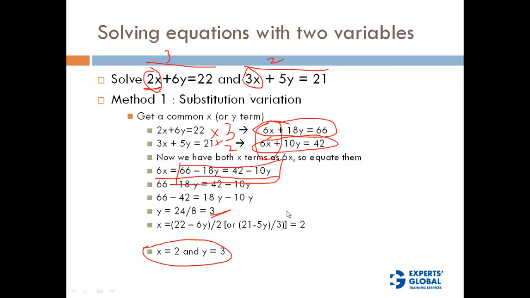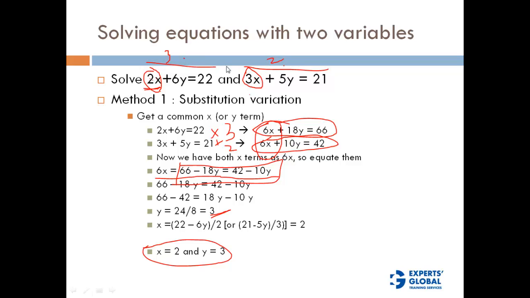How it differs from the substitution method is that we are not doing any substitution. We are just trying to find a common term. So we choose x as the variable that we will eliminate. We have 2x in one equation, 3x in the other. So we multiply this equation by 3 and this equation by 2.